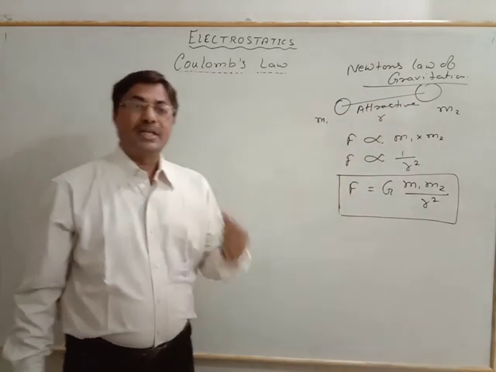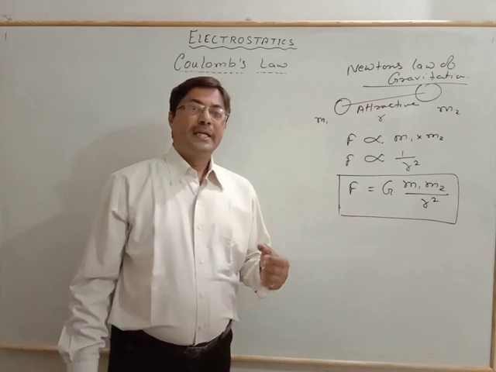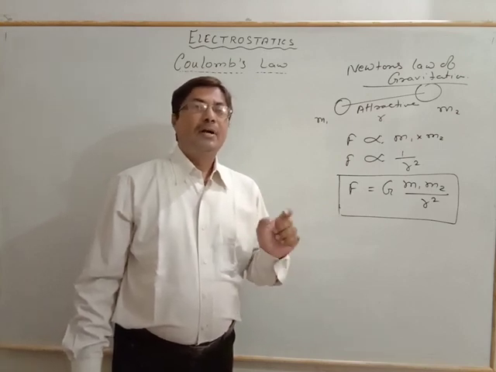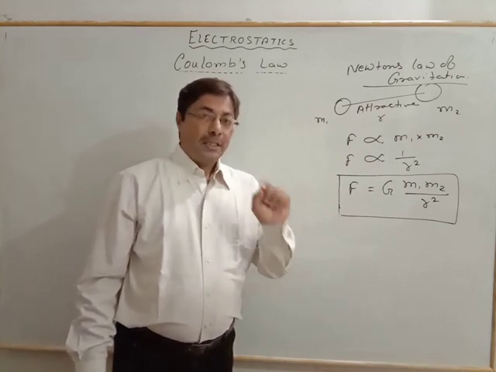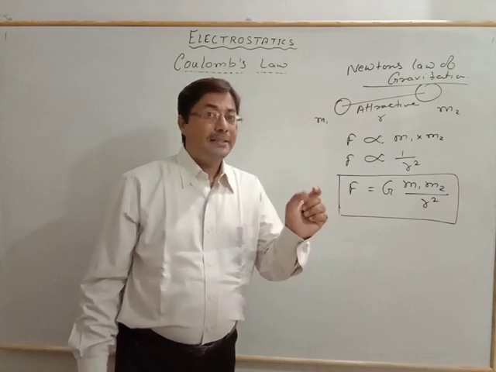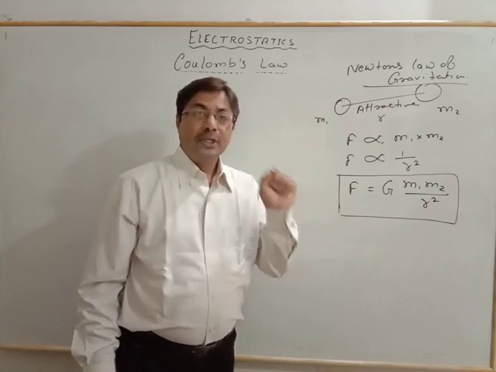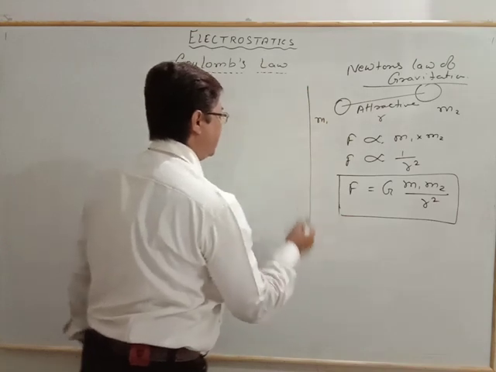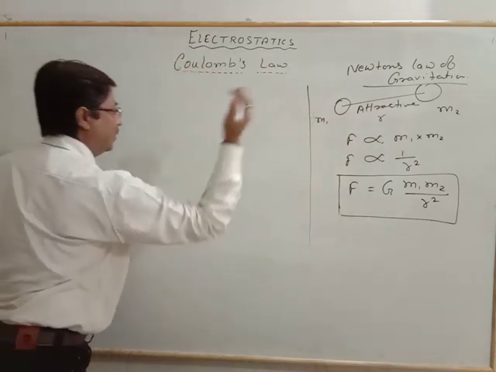So in Newton's law of gravitation, the two masses are always attractive in nature, but in the case of charges, we know that like charges repel each other and unlike charges attract each other. The repulsion and attraction mean there is a force. So Coulomb gave the electrical analog of Newton's law of gravitation.